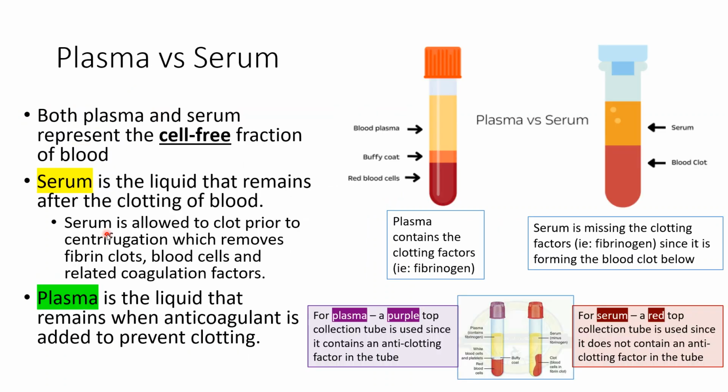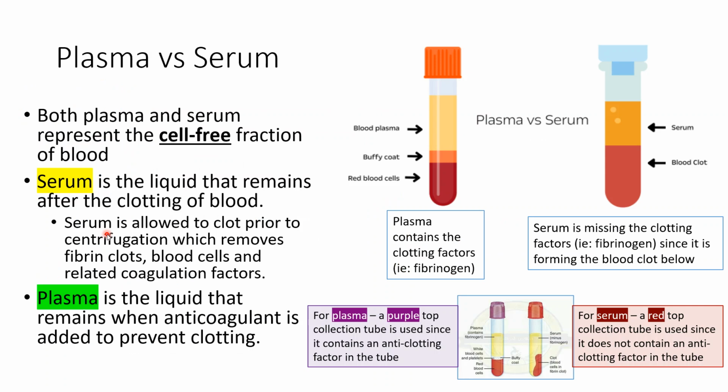You also need to know what plasma is compared to what serum is, because I know that you've heard both of those words, but believe it or not, they're not the same. They are different. Plasma and serum represent a cell-free fraction of blood. What that means is there's no cells in plasma or serum. Remember, there's no white blood cells, there's no red blood cells, there's no platelets. So that's not present in either one of those.